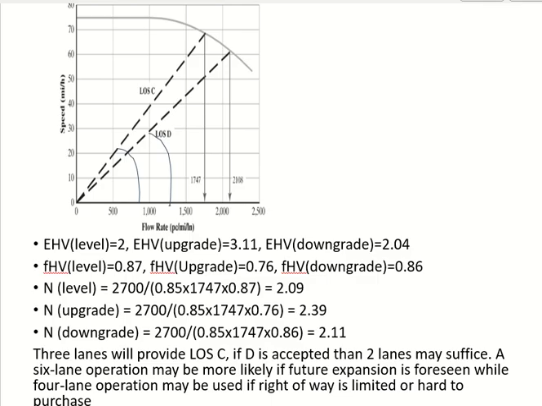Inverse of density C will give you this angle for the level of service C line. And if you take the inverse of 35, which was for D, then it will give you the angle for this line.